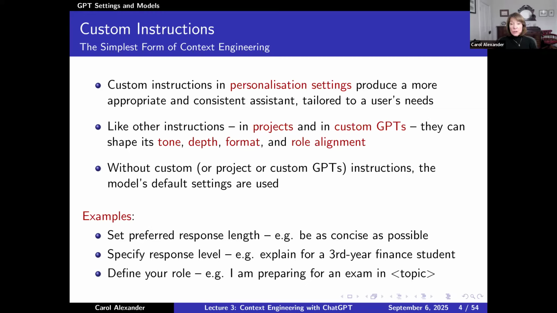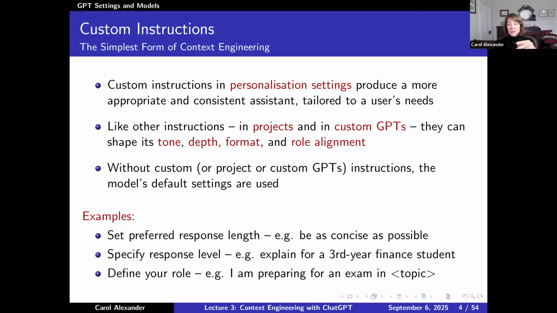In particular, you can give project instructions, and you can have instructions within custom GPTs. All these instructions aim to shape the tone that they use when they respond to you, the depth of their responses, and the sort of format the responses are in. Is it in a set of bullets, or is it just loads of long text?